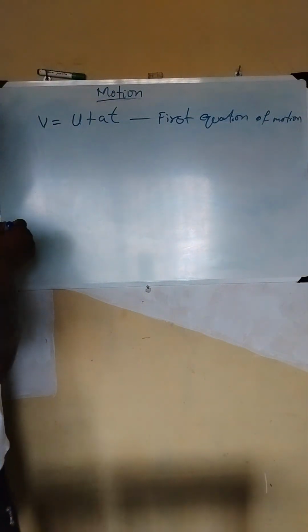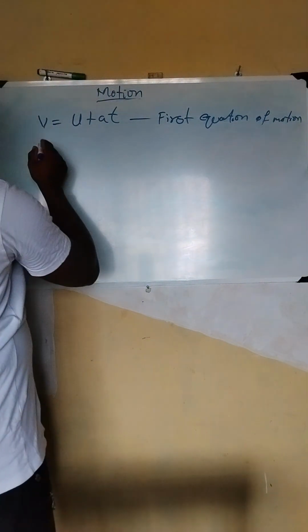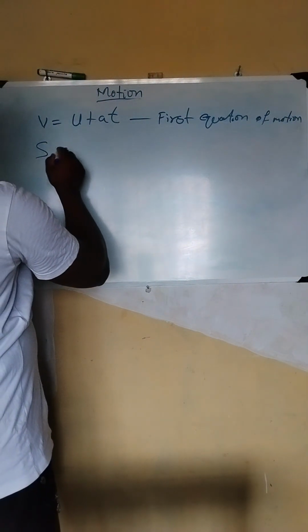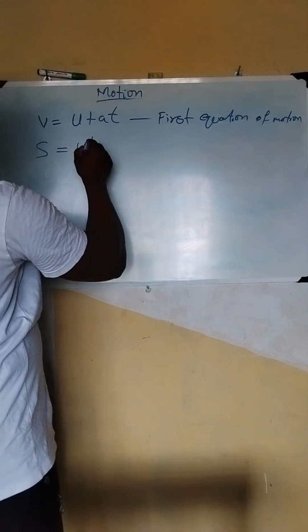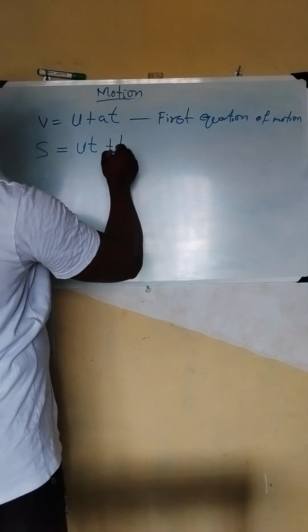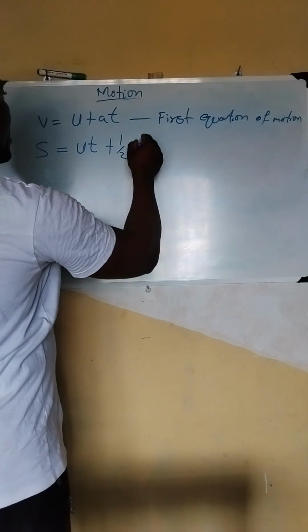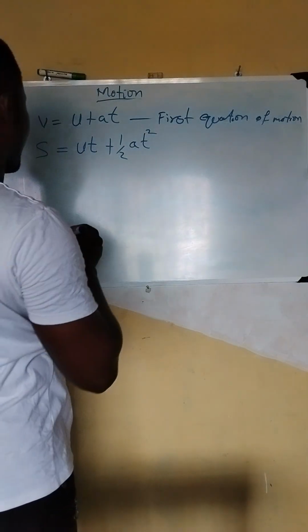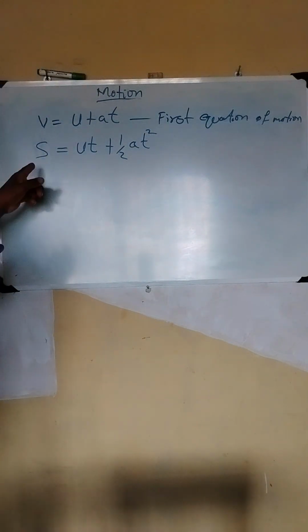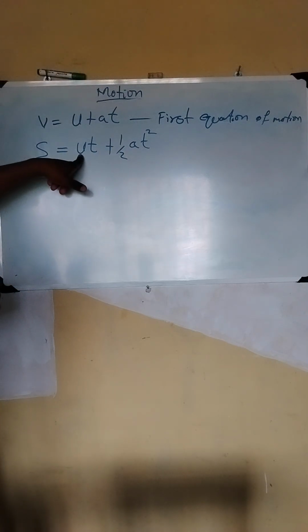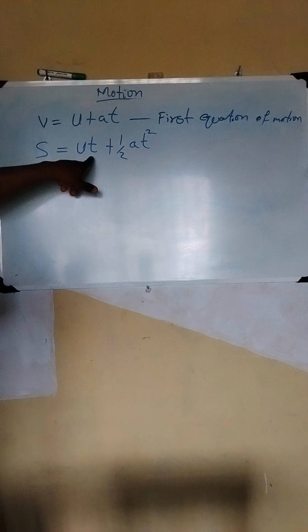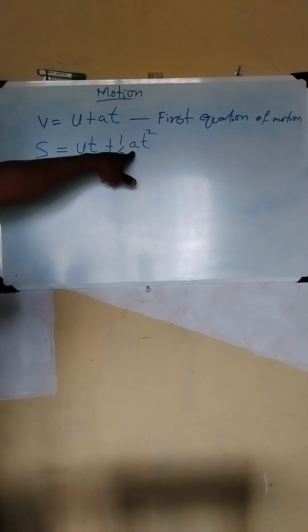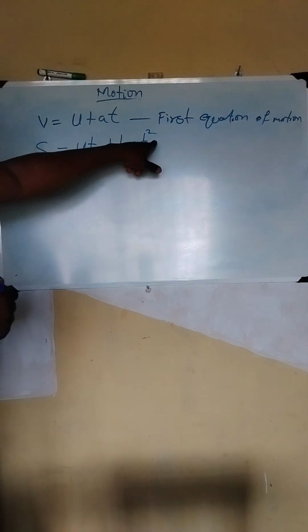Then the second equation of motion is what? S is equal to ut plus half at squared. Now if you look at this, S here stands for what? The distance. Then you have the initial velocity here, you have the time here, then you have acceleration and time square.